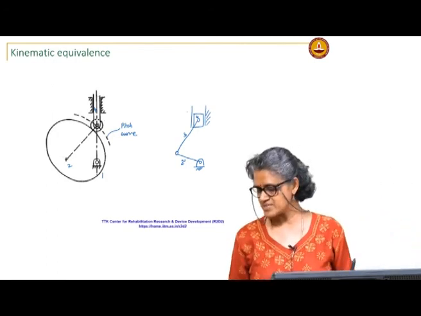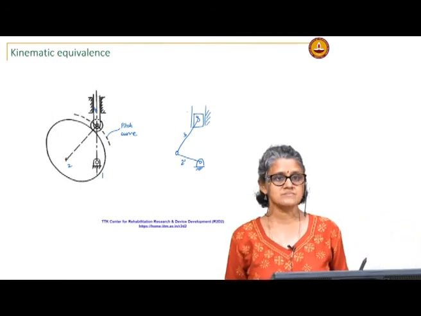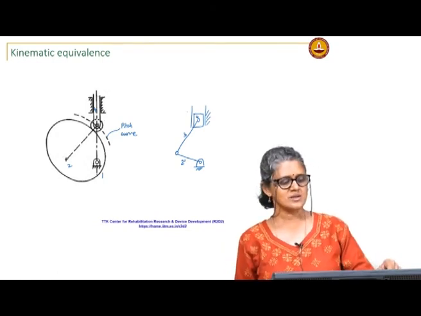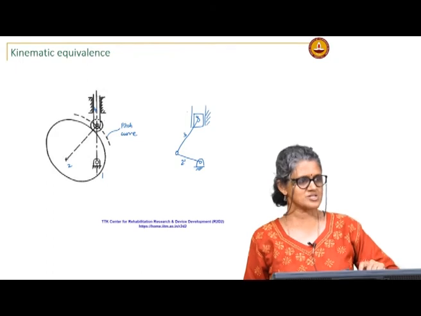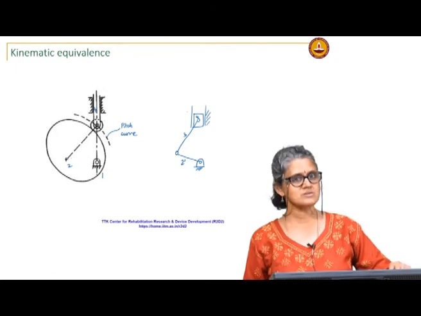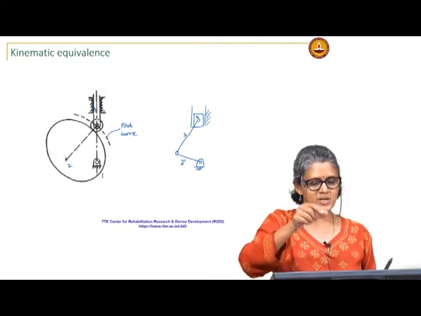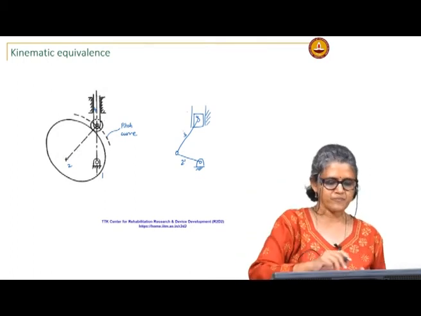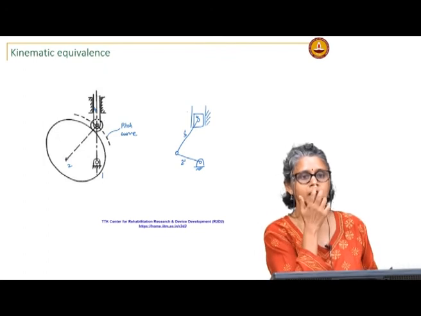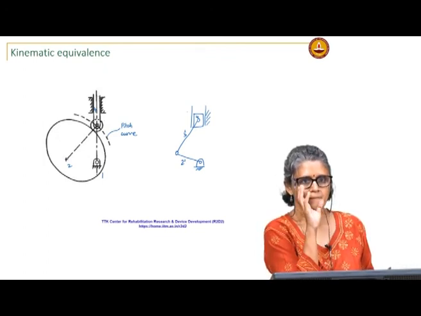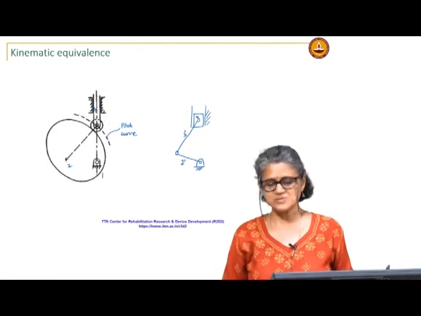So, I will give you some exercises. Yes? It is only instantaneous because the pitch curve keeps changing. So, the center of curvature will keep changing. So, this link 2 dash will keep changing, so will 3 dash. Okay. Like then, the kinematic equivalence we only called for when it was at all times. That was only in this special case.